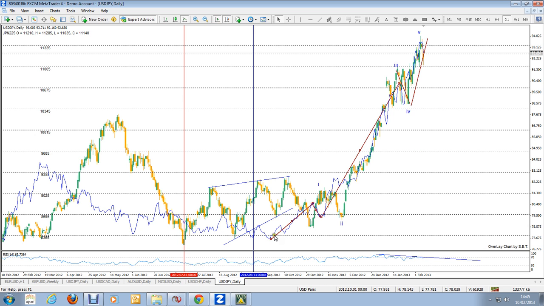Now that cycle completes everything from the low we had on 27th of September. The very first low we had was in the middle of September, around 13th of September. Then we had another low on 27th of September.